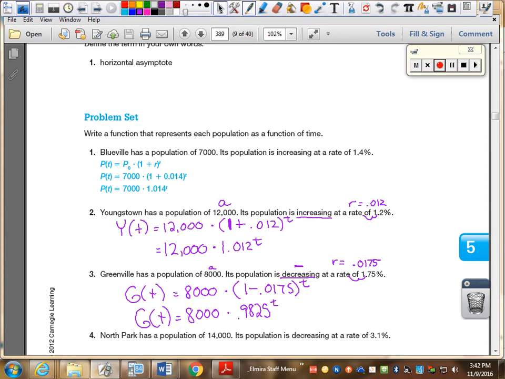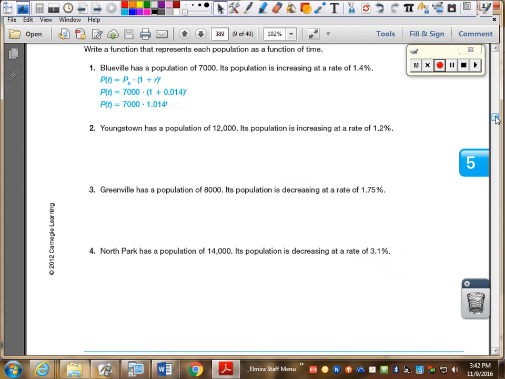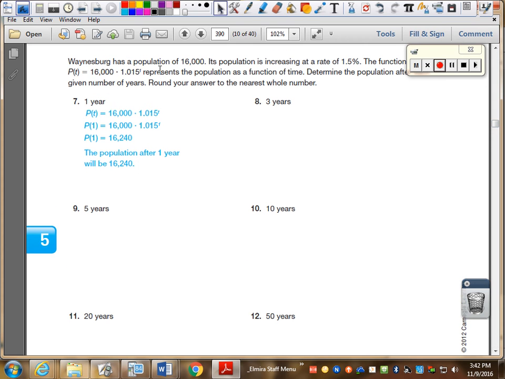Moving on to the next section, they're giving you an equation and all you have to do is sub in.